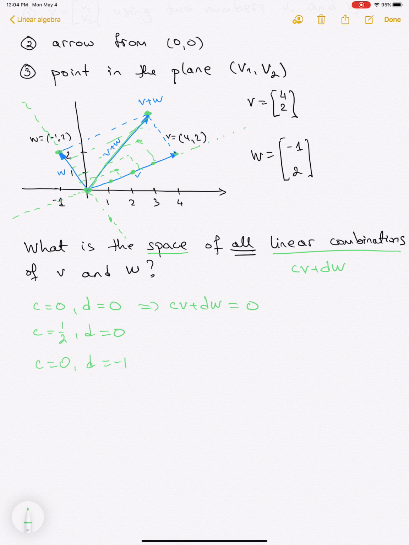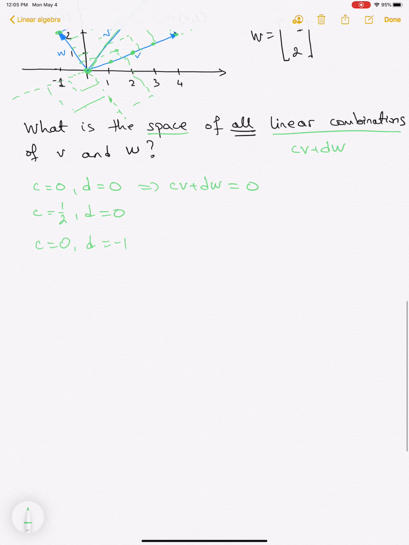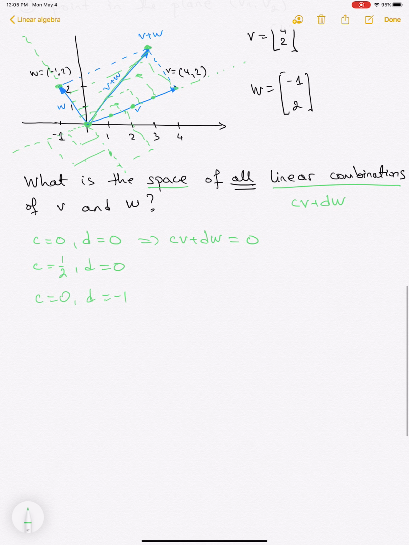All of these points would correspond, and we could have points here and here, and then we could have points here, and they would correspond to different C's and D's. So in fact, the space described by all linear combinations of these particular two vectors is the whole 2D space.